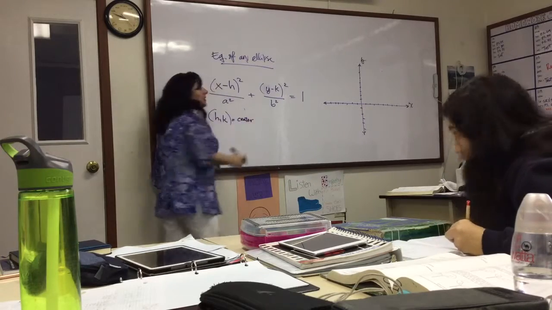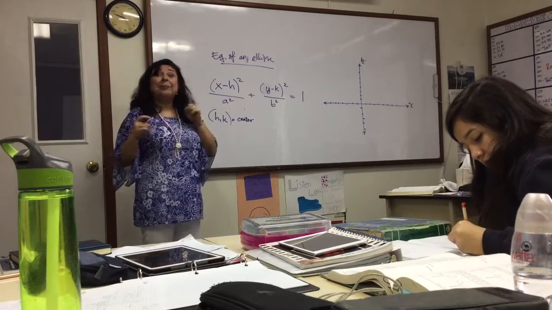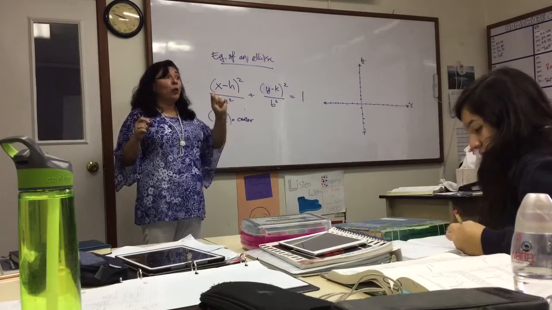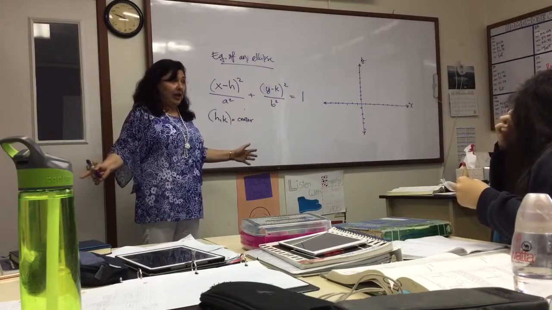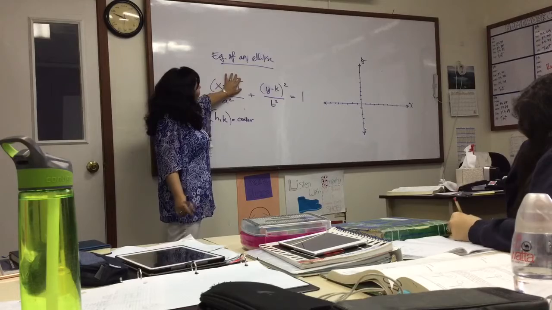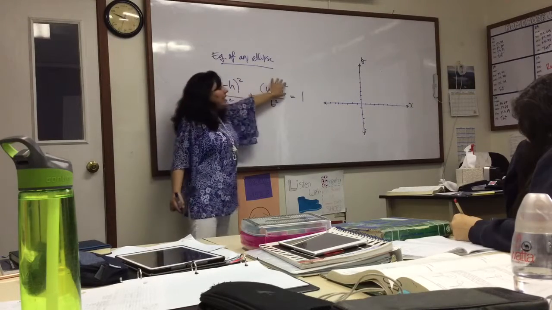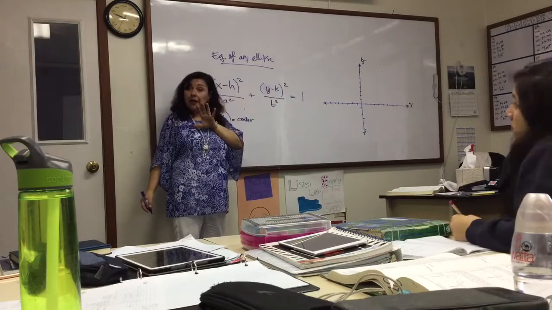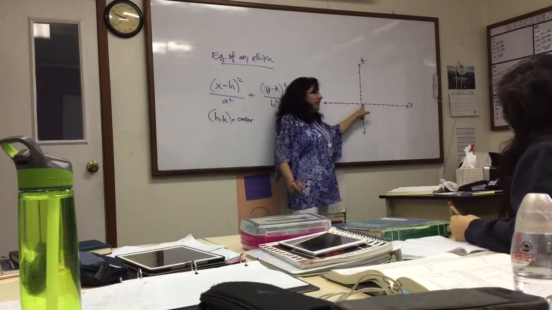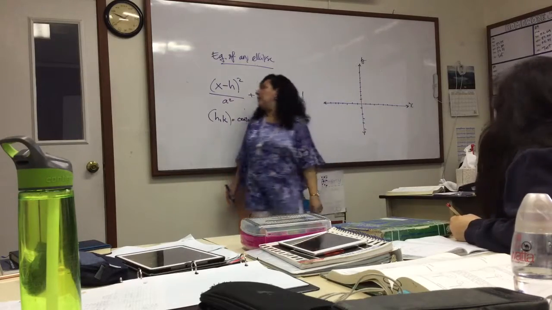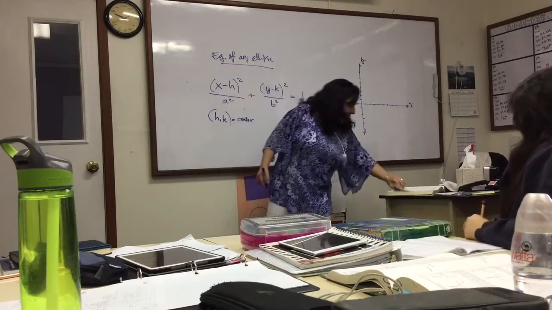Meaning, the center of the ellipse is where it's going to begin. It's just like your reference point for starting, okay? If you don't have H and K, it means it is a 0, okay? So your beginning will be at the origin, okay? Which I think is going to be the case in all of these.